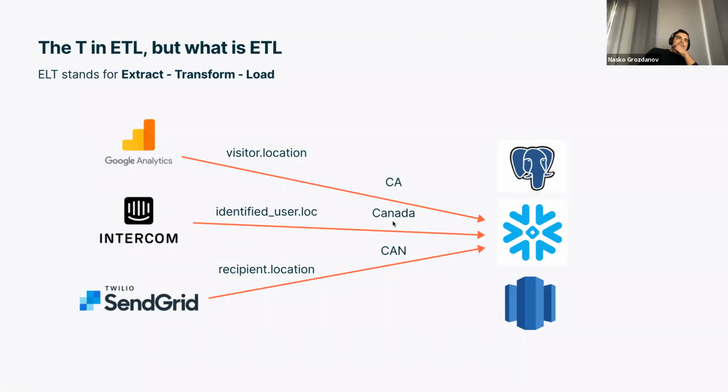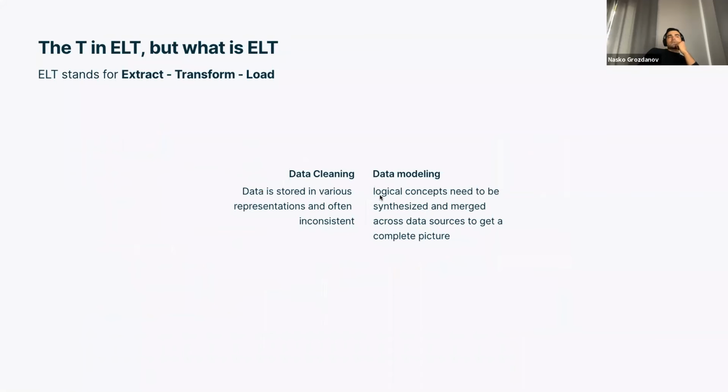And the data contained can be inconsistent across tools, but even inside of tools, right? This probably won't happen with a very big SaaS tool, which will probably be very homogeneous, but if you've built an internal tool, you might have Canada written in 4 ways, right? So that's the broad idea.